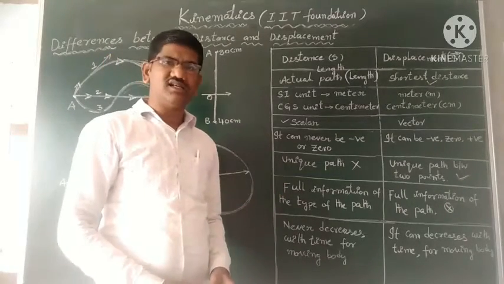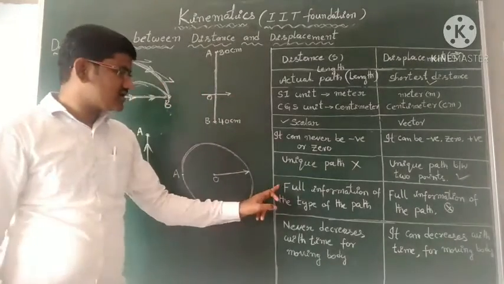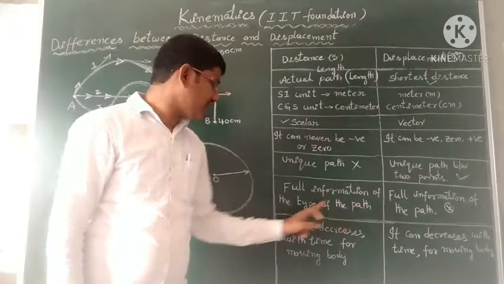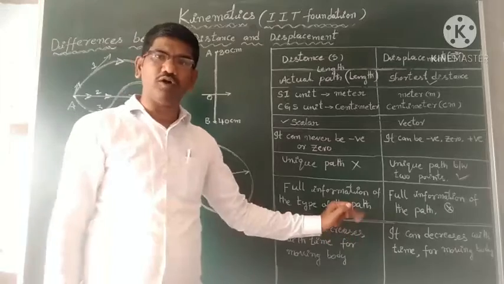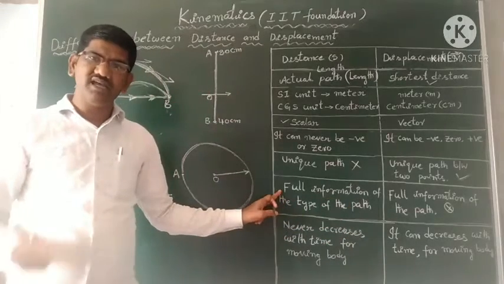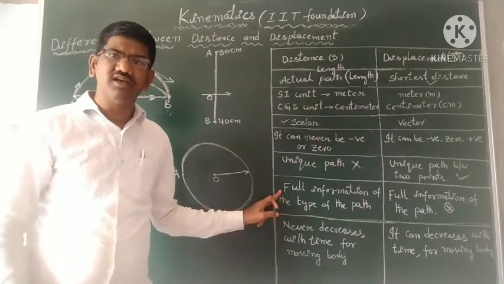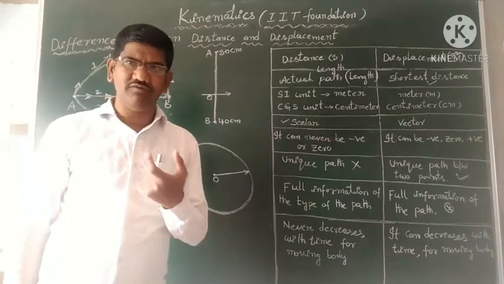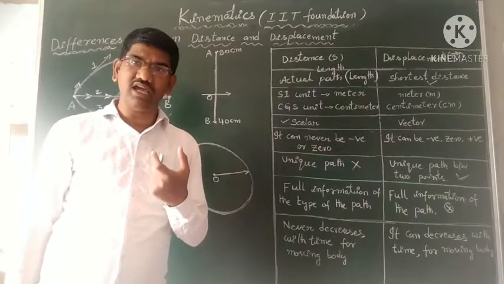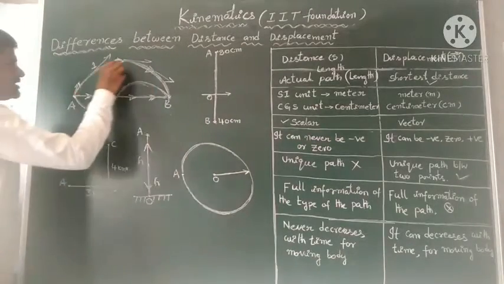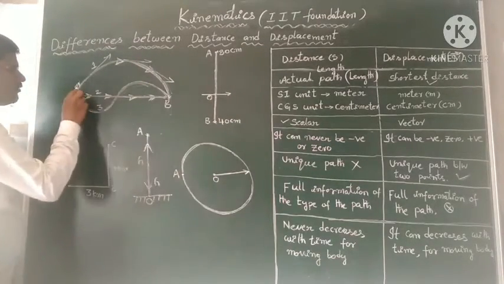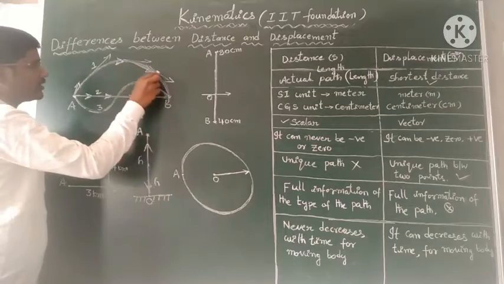Next, distance between 2 points gives the full information of the type of path followed by the body. If you know this is the distance, you can say what kind of path it has followed.